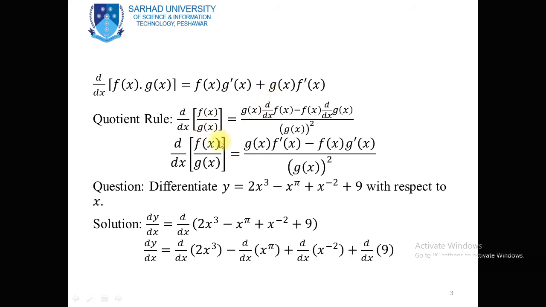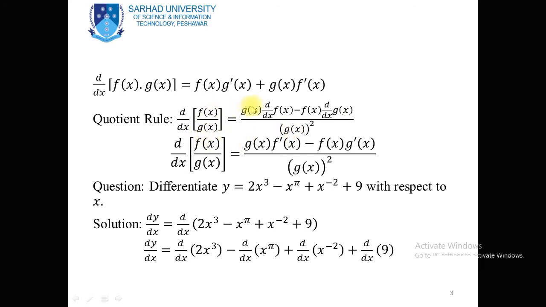But in this case, you consider g as the first function. So like you see over here, suppose f is the first function and g is the second function. Then take g as it is into the derivative of the f function, minus f into the derivative of the g function, divided by the square of the denominator.